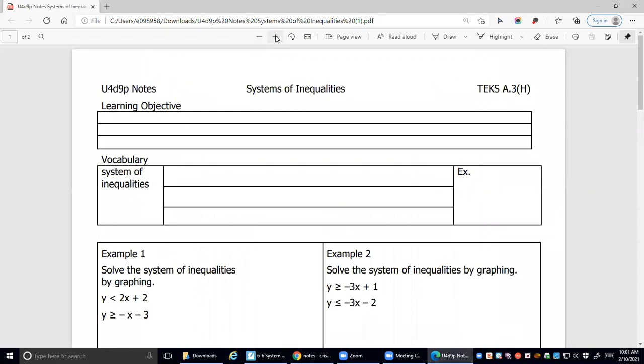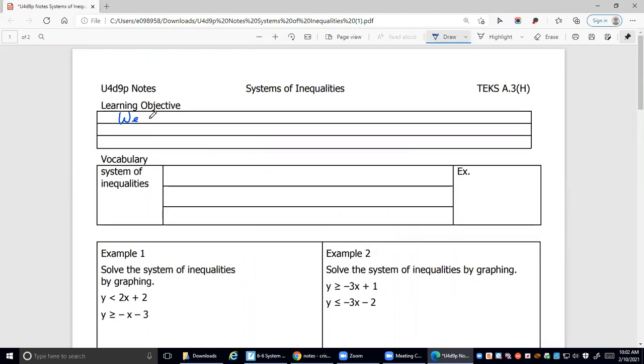All right, welcome everyone. This is Unit 4, Day 9, okay? This lesson will take about 2 days, just to let y'all know. We're talking about systems of inequalities. So we will write and solve. I'm going to change that up a little bit.